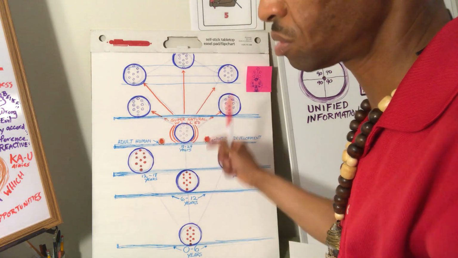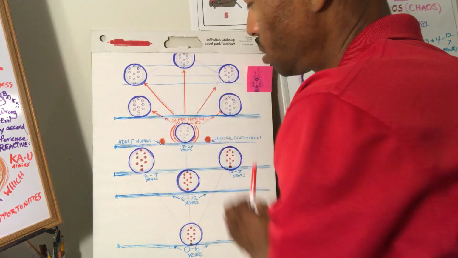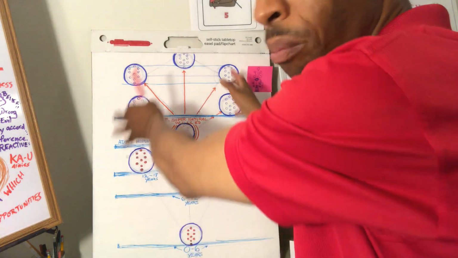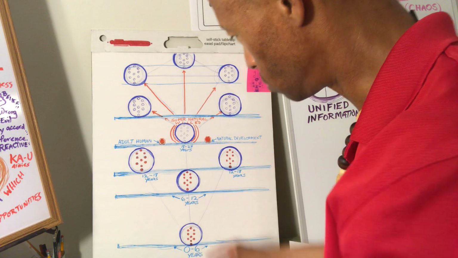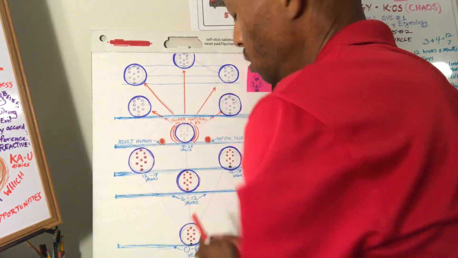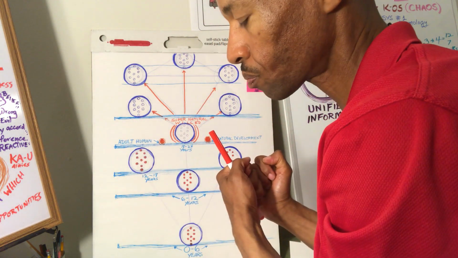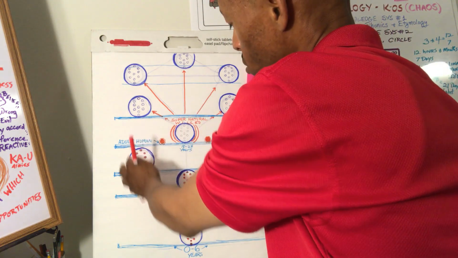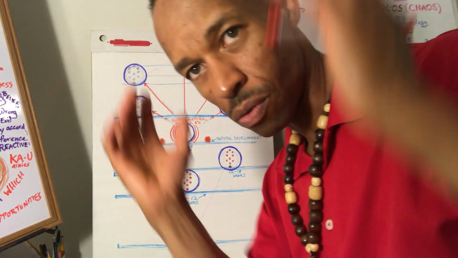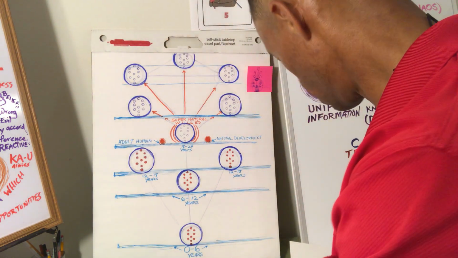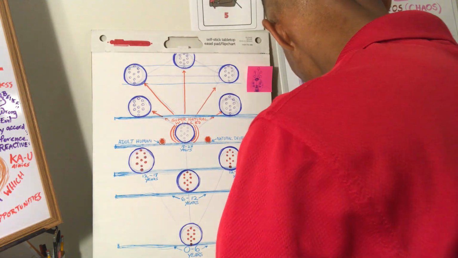Now this is looking at this as the anatomy of the whole body, but we can also use this as the head or the cranial aspect of the human being.